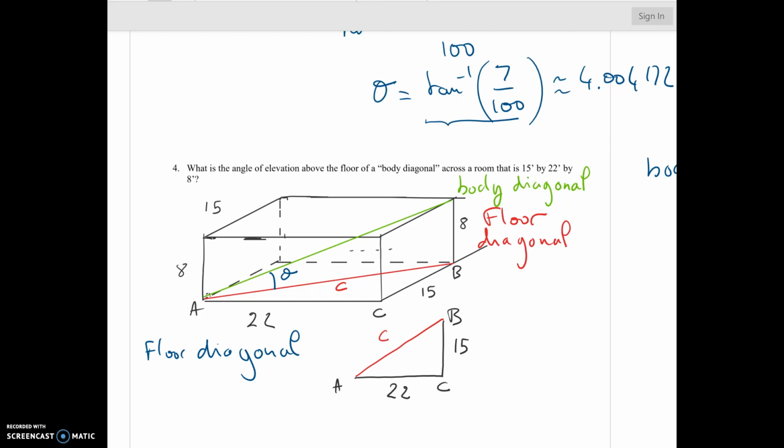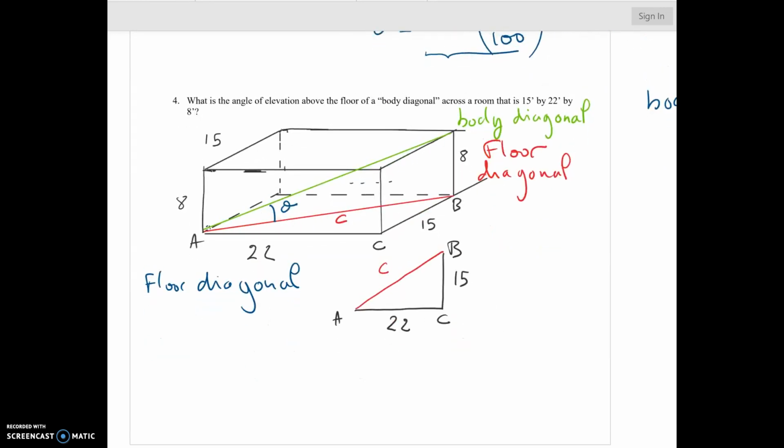So when you look at the triangle ACB, you realize that the diagonal is, using the Pythagorean theorem, C equal to the square root of 22 squared plus 15 squared, which is around 26.627054 feet.